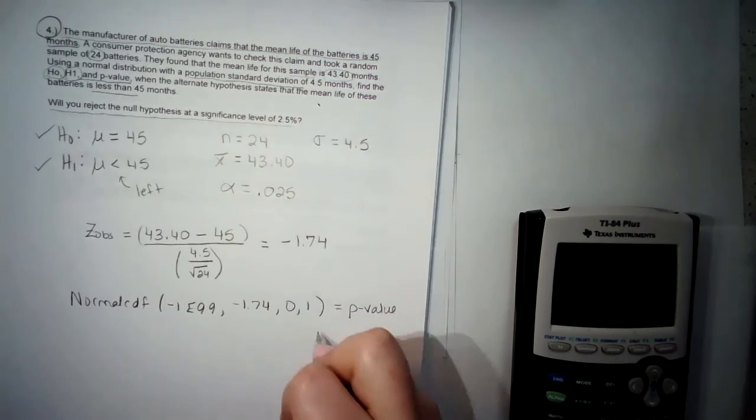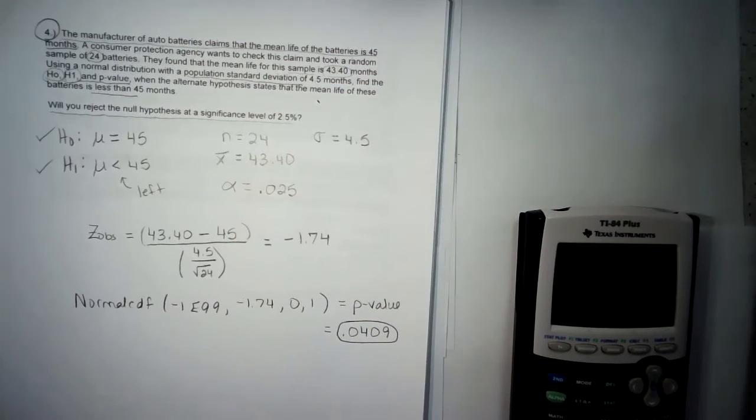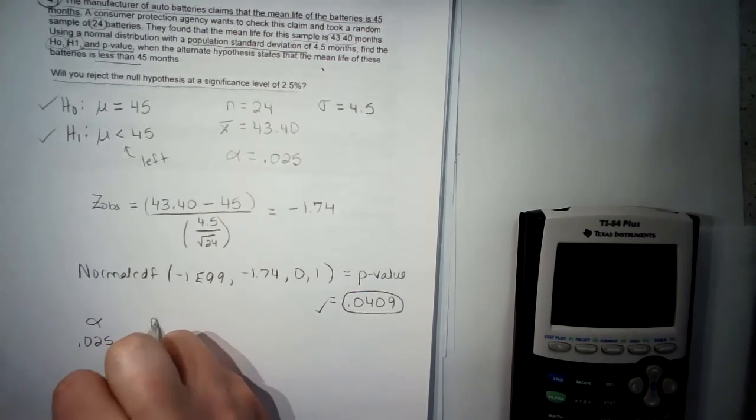I came up with 0.0409 as my p-value. So that was the other item that they wanted. Okay. Then the very last sentence said, will you reject it? Right? So we have an alpha of 0.025.